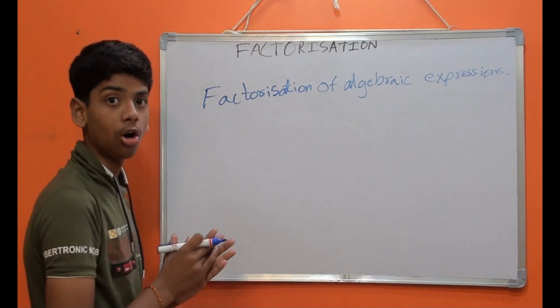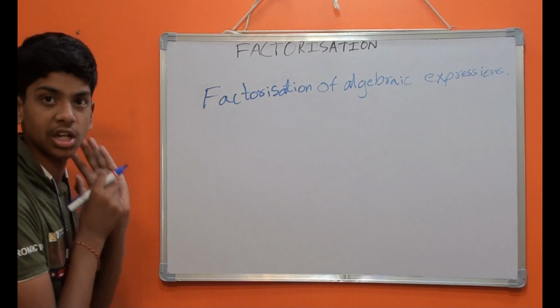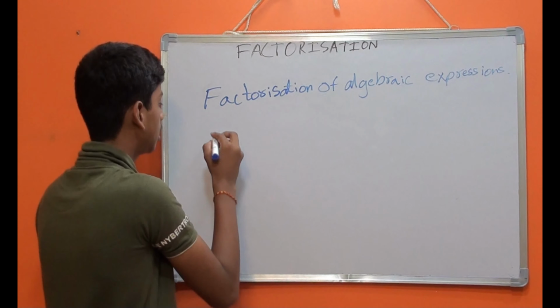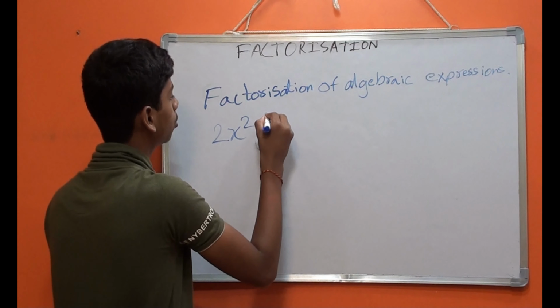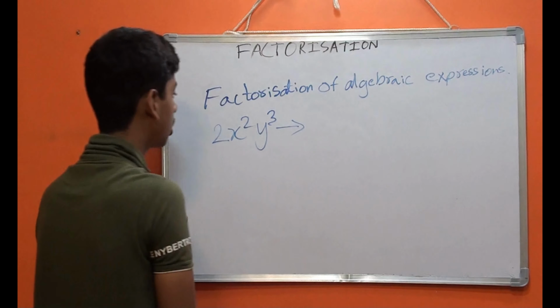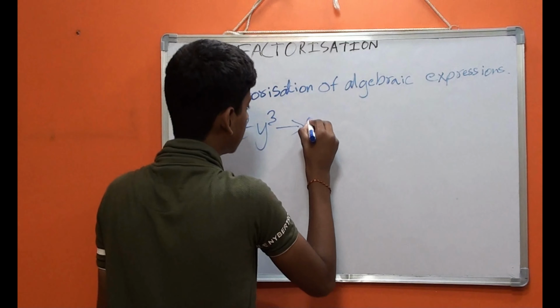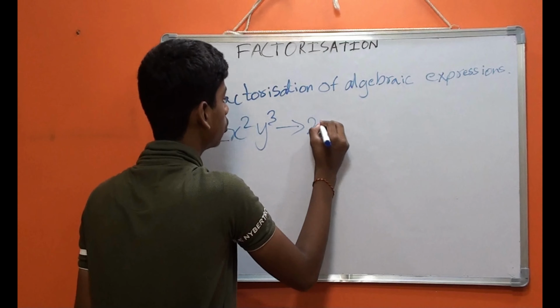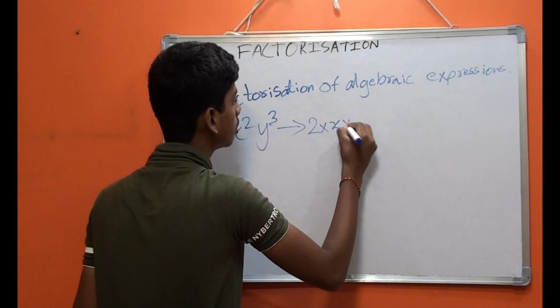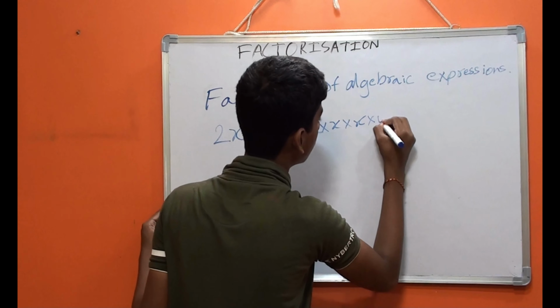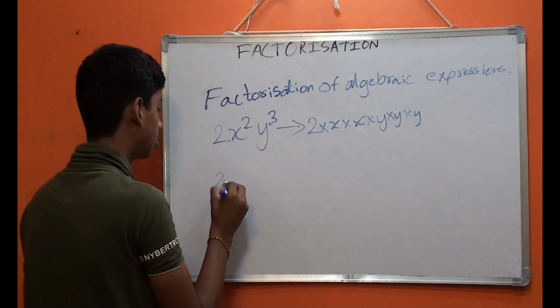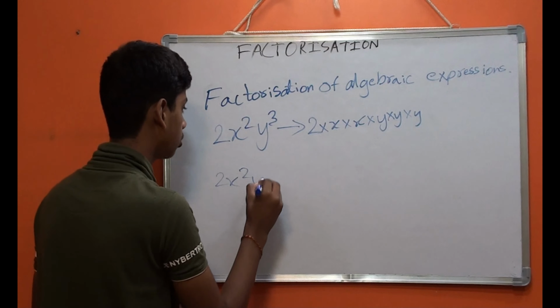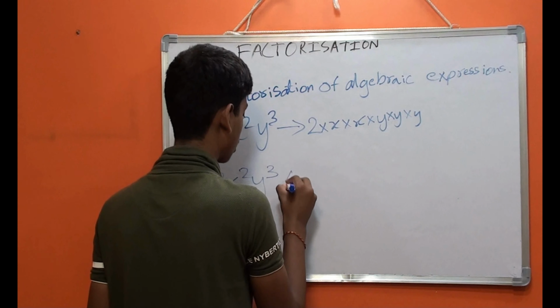Now we are going to learn how to split up algebraic expressions. So let's take this expression 2x square y cube. We are going to split it up. It can be written as 2 into x into x into y into y into y.